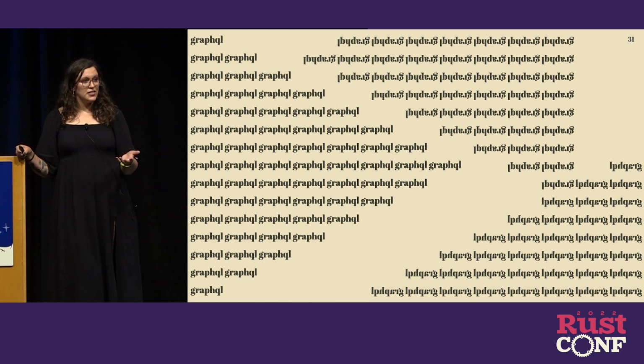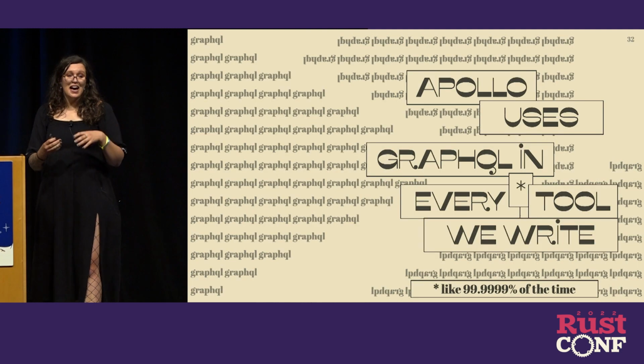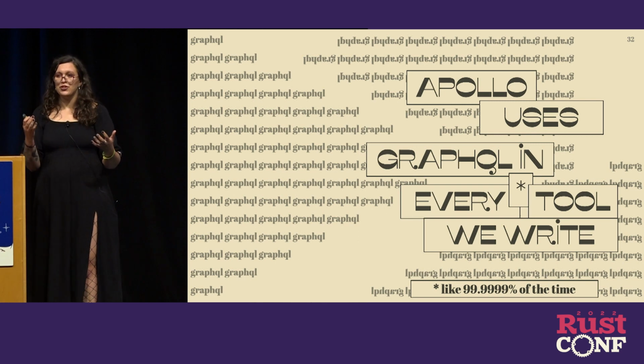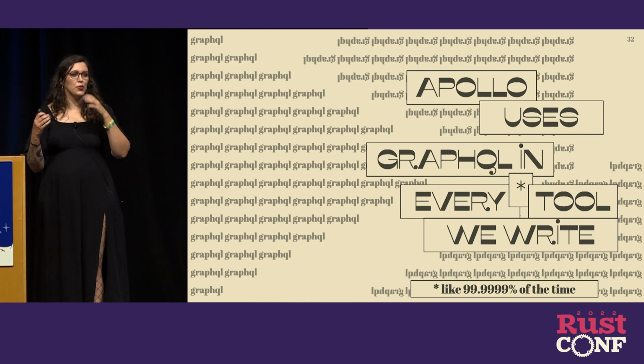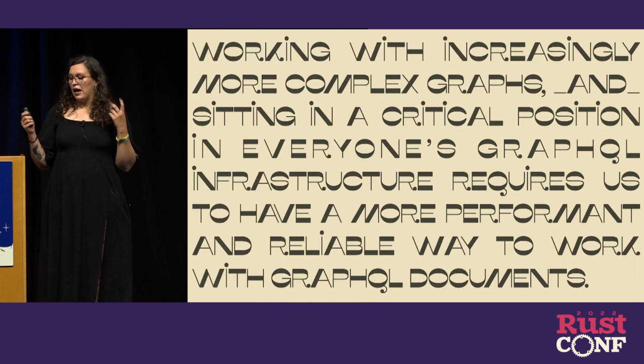As I mentioned before, Apollo works with quite a bit of GraphQL. In fact, most of the tools we write and we maintain have some form of GraphQL in them. And so it's really, really important for us to be able to work with it.